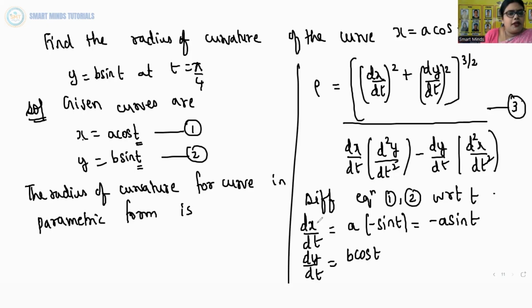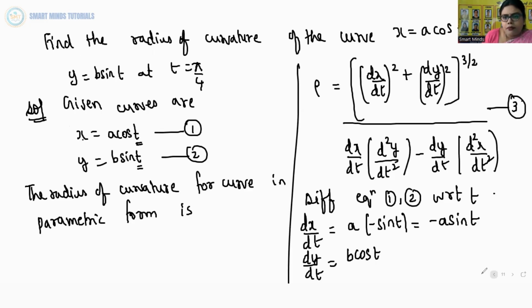Now after finding dx by dt and dy by dt, if you differentiate this dx by dt and dy by dt again with respect to t, you get d square x by dt square and d square y by dt square. So let's find out d square x by dt square. That is differentiating dx by dt with respect to t. So dx by dt is minus a sin t.